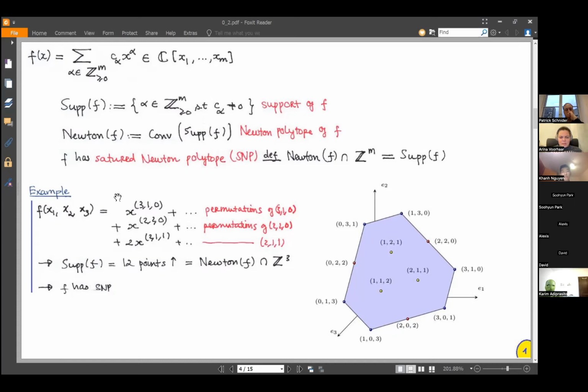And you can see that in this case, the support of F is 12 points. So you see they are the 12 points in the picture here, and they are the lattice points of Newton(F). And then we can conclude that F has SNP.